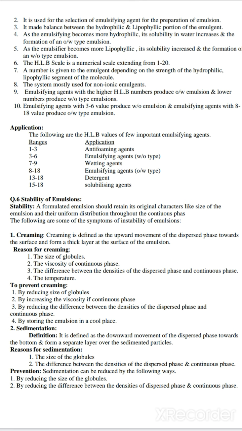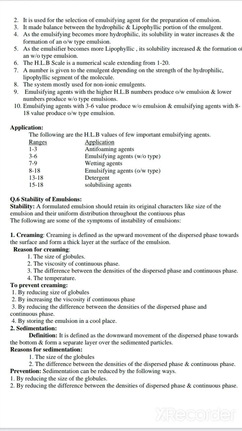The reasons for creaming: the size of globules is very large; second, the viscosity of the continuous phase; third, the difference between the density of the dispersed phase and the continuous phase; last is the temperature. For preventing creaming, we reduce the size of globules, increase the viscosity of the continuous phase, reduce the difference between the densities of the dispersed and continuous phases, and store the emulsion in a cool place because at higher temperature it is thermosensitive.